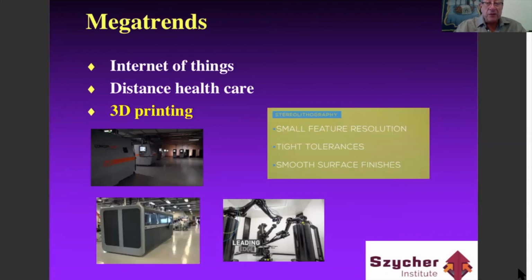It will allow you to produce products with very tight tolerances, and something that has just come out in the last 2 or 3 years, it actually makes products with finishes that have a very smooth surface. So these are 3 examples of mega trends. There are many more, but it would be beyond the scope of this short video.